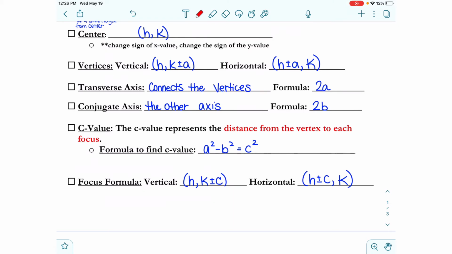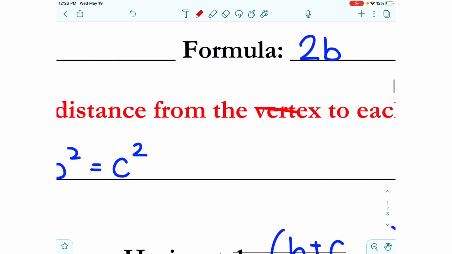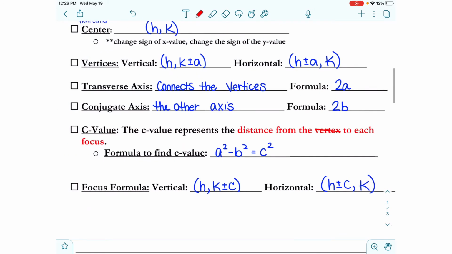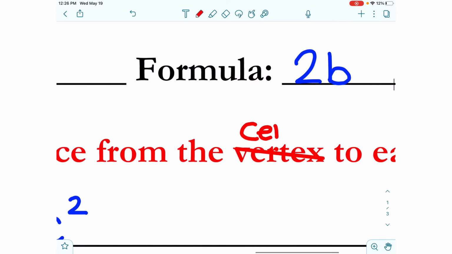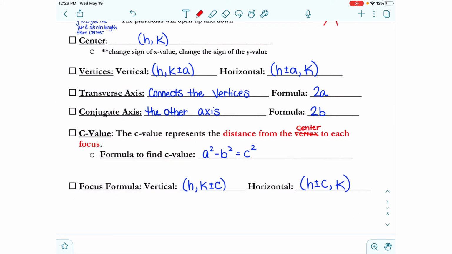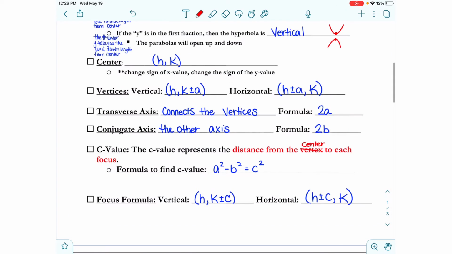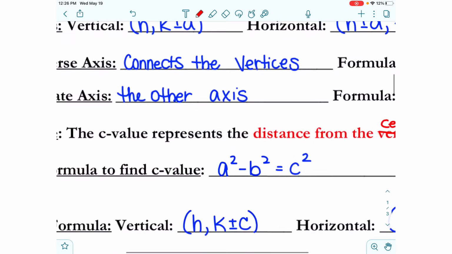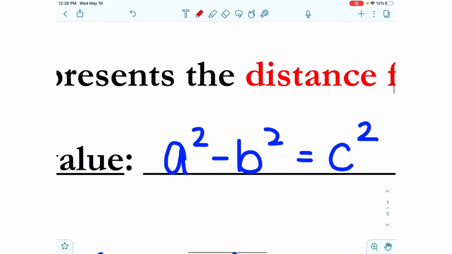Lastly, we are going to be finding a c value to locate the focus points. The c value comes from the distance from the center to the focus points. Instead of a squared minus b squared equals c squared, that's an ellipse formula, it should be a plus for this.